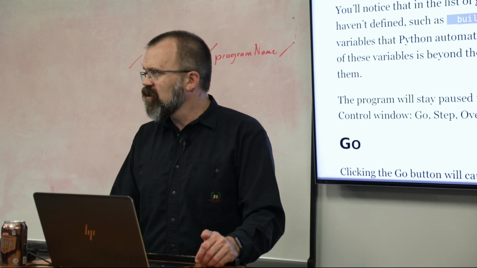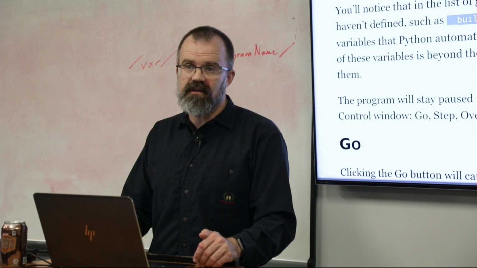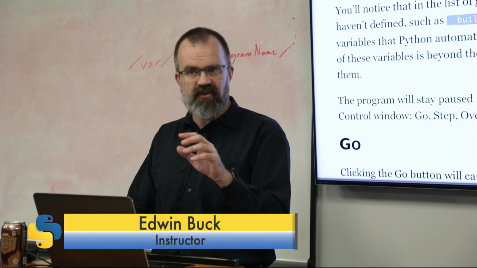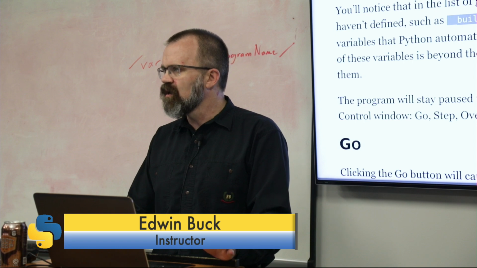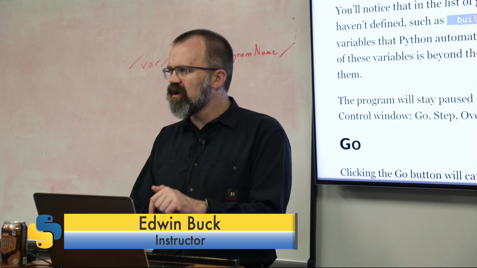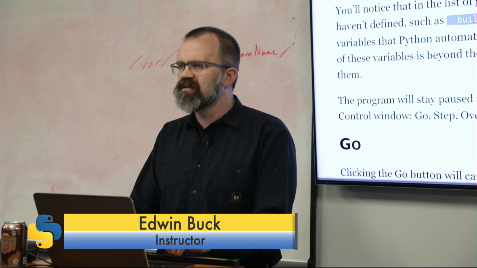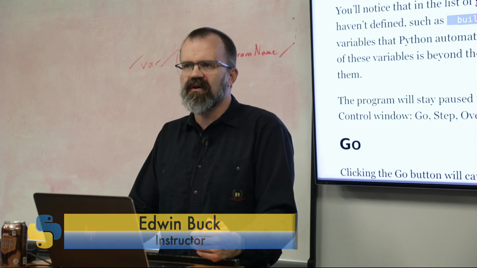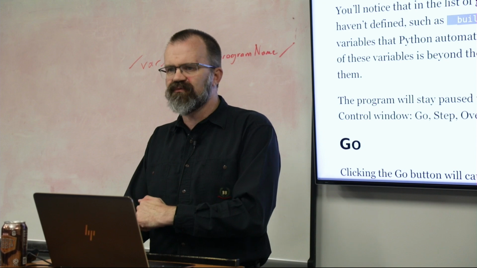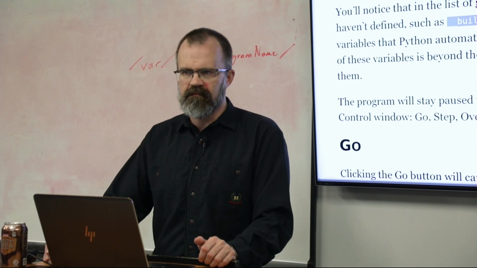When you're in a debugger, usually you'll be able to see those automatic variables. Sometimes you have to configure to see them. Sometimes they're presented straight out of the gate. Point is that if you see more variables than you set, this is not an error. This is just a side effect of using the Python language and Python adding stuff for you that you didn't write.